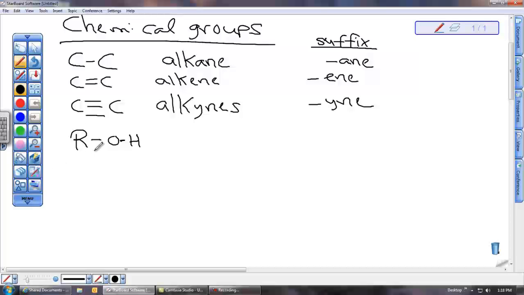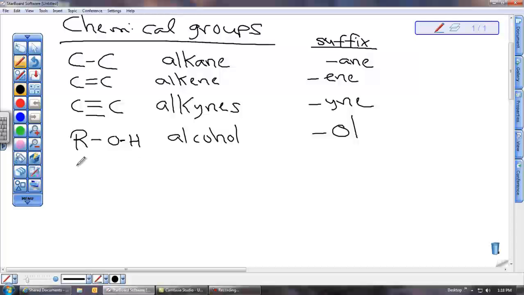Think of the R as alkane groups, C's bonded to C's. Okay? And so the only thing they want you to focus on here is this thing bonded to the R. It's an OH group. That's an alcohol. The suffix for alcohols is -ol. Methanol, ethanol, propanol. Okay, you've probably heard of all of those. We did a lab on those. Pentanol. All kinds of these things.